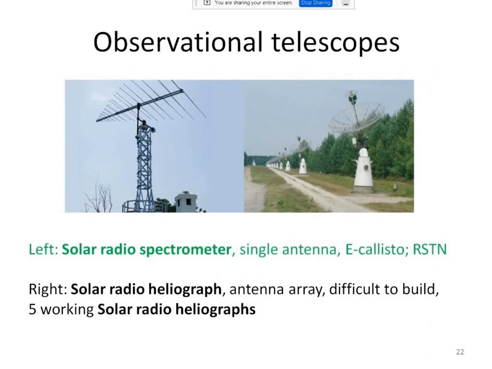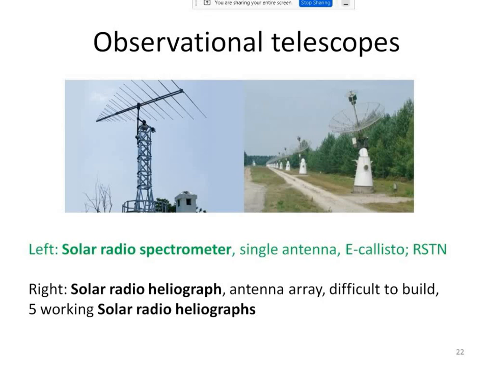Also, I will introduce the observational telescopes. On the left side is a solar radio spectrometer, which is a single antenna. There are many international systems of these kinds of radio spectrometers, for example E-Callisto or RSTN.